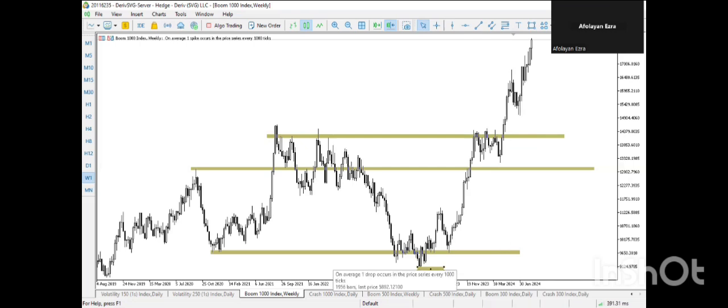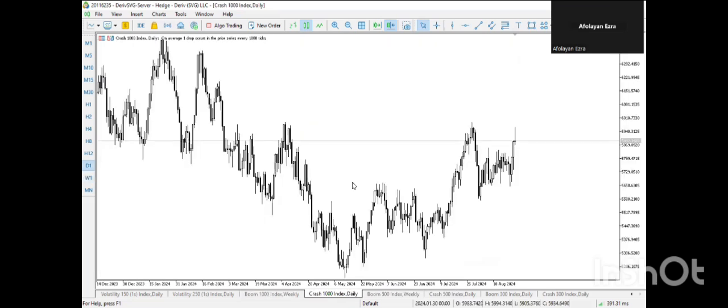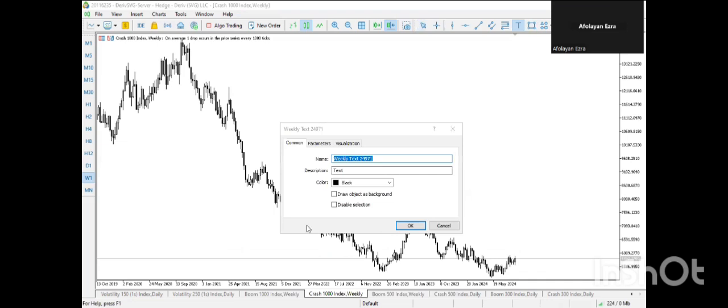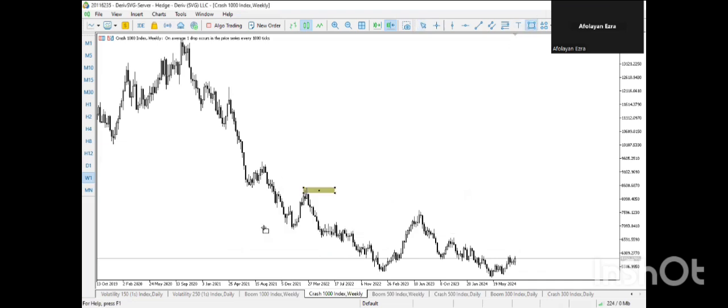I'm using Crash here. Also, it happens on all assets basically. So the same thing here. Where's my high? This is my high here. Where's my low? This is my low here. Sorry, I have this low here.